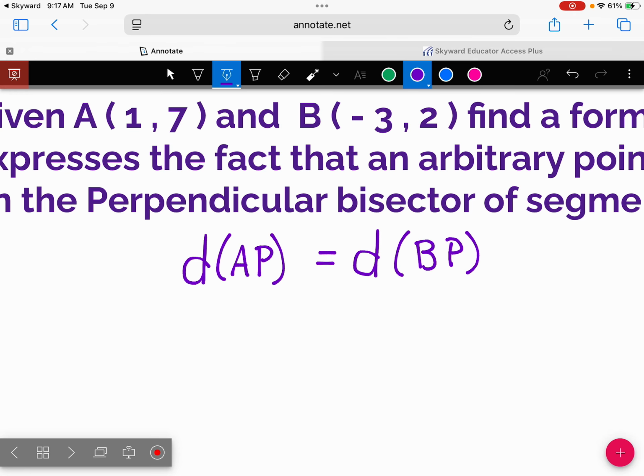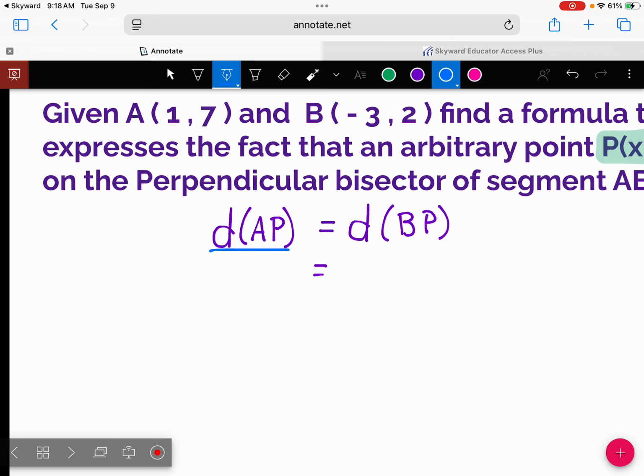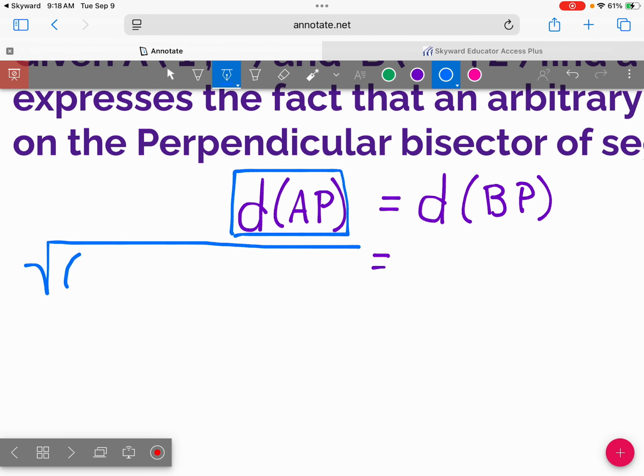Well, I could write an equation for the distance between point A and point P, and I could write an equation for the distance between point B and point P. So that's what we're going to do. For the distance between point A and point P, we're going to use our distance formula, and we're going to find the change in our x's.